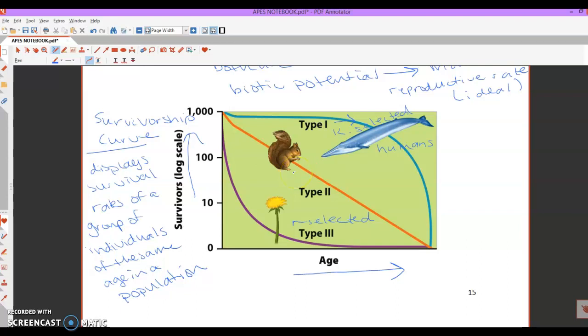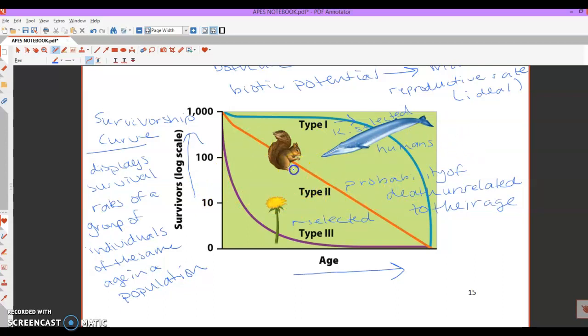So, it gets hit by a car, it gets shot by a hunter, whatever the case may be. So type 2 individuals, their probability of death is unrelated to their age.